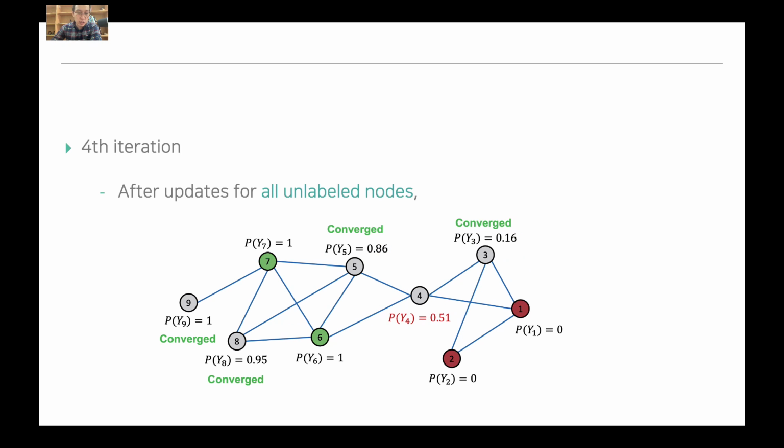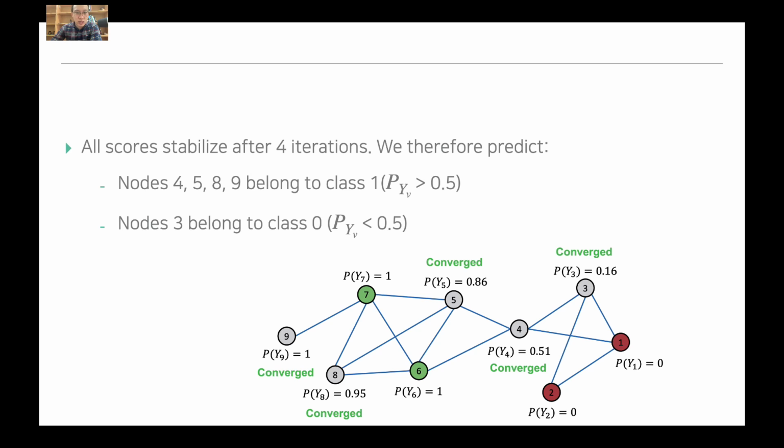Then we keep having more converged probabilities at the fourth iteration, and then we see all the probabilities are converged. So by looking at the probability, we currently assume that the threshold is 0.5, right? So when the probability is larger than 0.5, we assign class label 1, otherwise we assign class label 0.